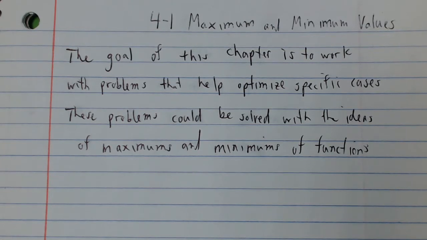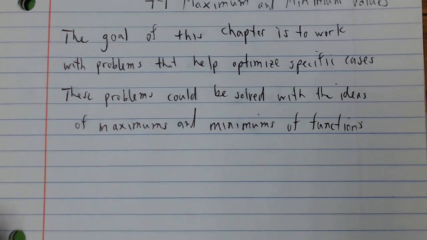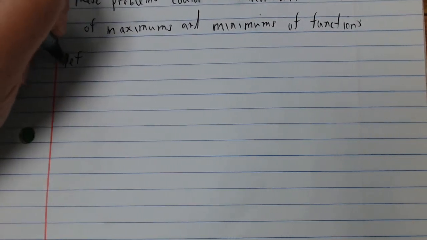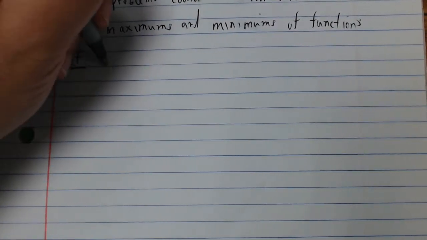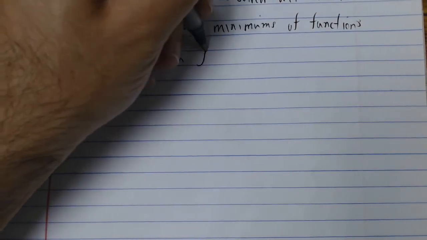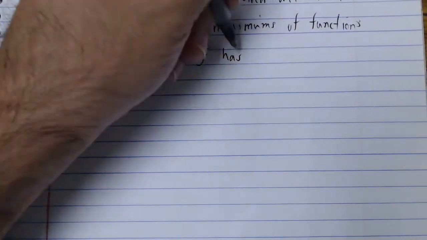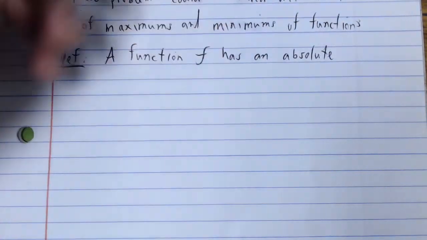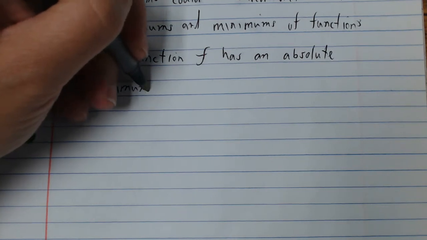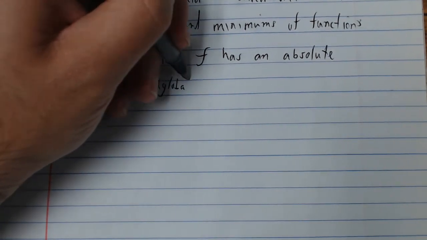So let's first start off by defining maximums and minimums. These are things that you probably did see in analysis, but I'm going to go ahead and define them anyway. So let's start off with our definition. We could say that a function f has an absolute maximum, which is also known as a global max.